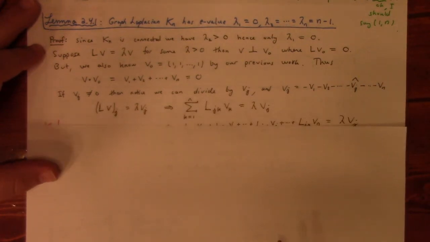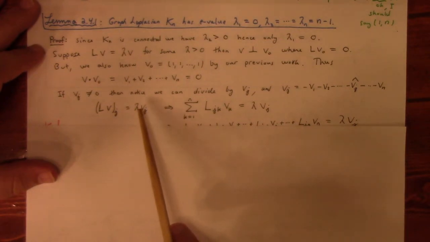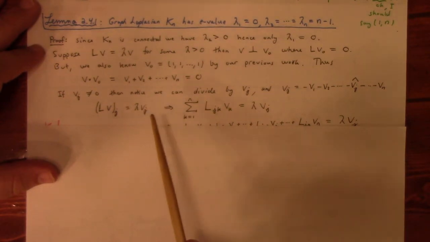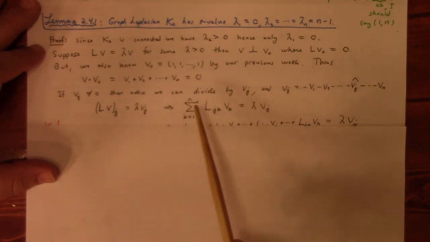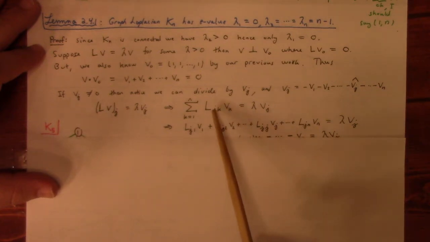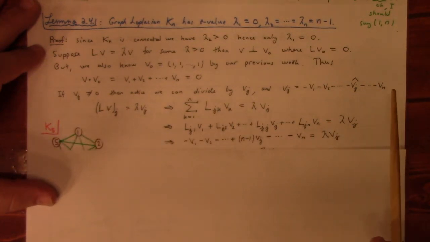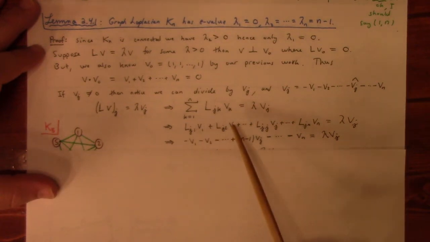Okay, great. Well, if we look at the jth component of Lv, that would be lambda times the jth component of v. But of course we can expand that matrix column multiplication like so, and when you do that, you get that.